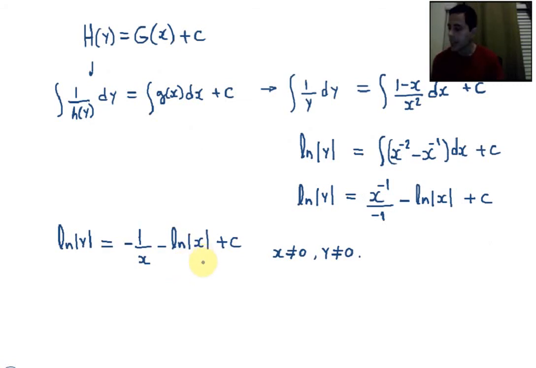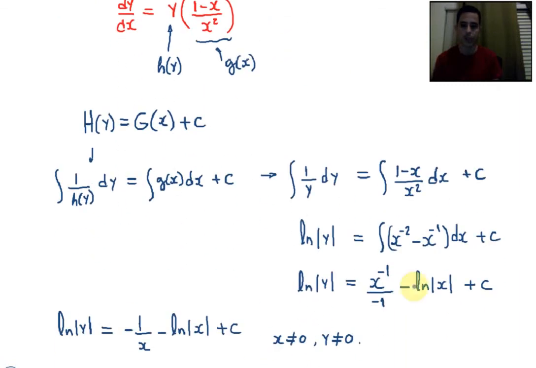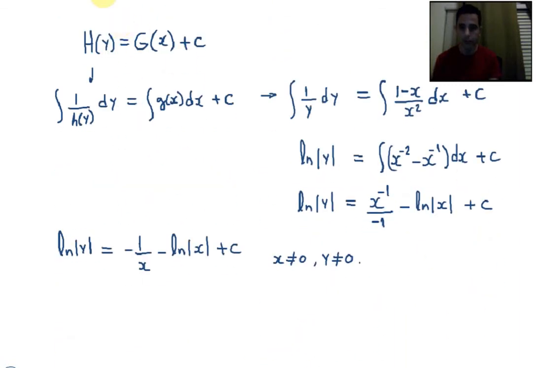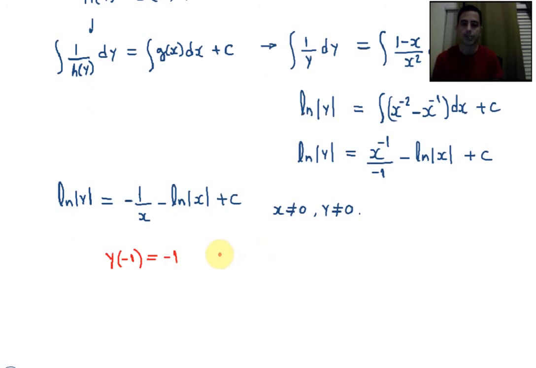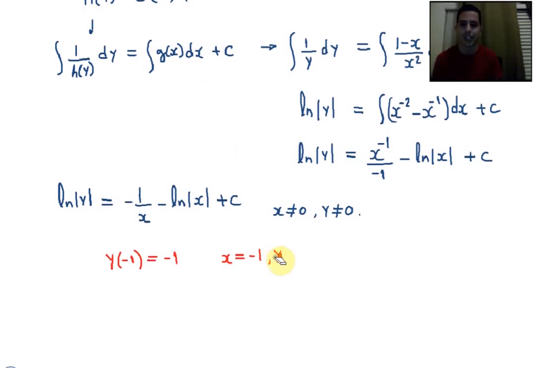Now, notice that it's an IVP, initial value problem, so we need to satisfy the initial condition, which is y of -1 equals -1. That means when x is -1, y is -1 as well.